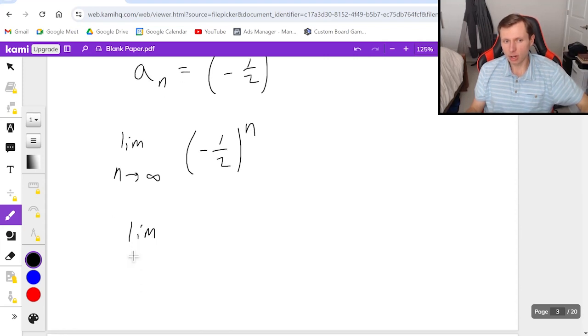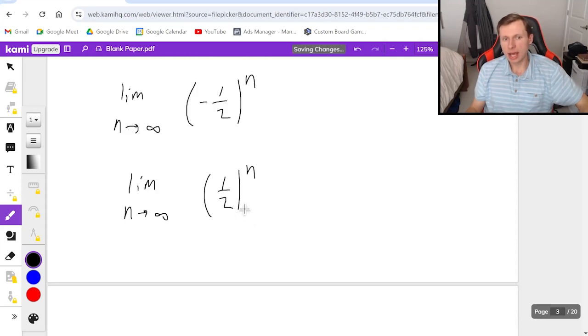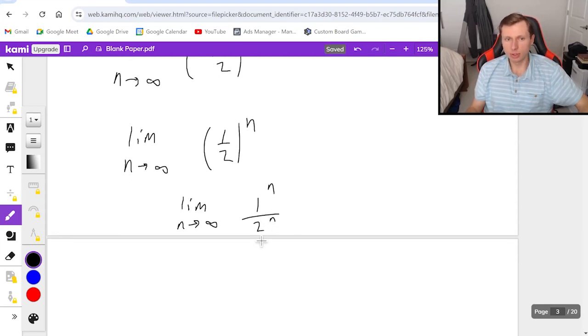And so therefore, I really just have the limit as n goes to infinity of 1/2 to the n. Remember that 1/2 to the n can really be broken up like 1 to the n divided by 2 to the n. And the reason why that's helpful is because 1 to the infinity is going to be 1, and then 2 to the infinity is going to be infinity. And 1 divided by infinity is 0, which means this sequence converges.